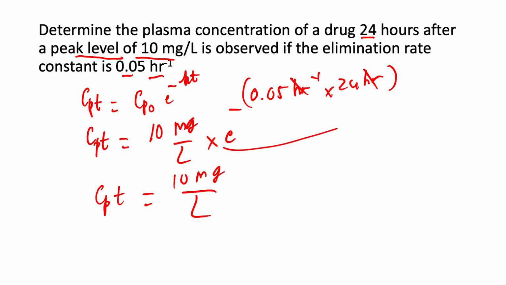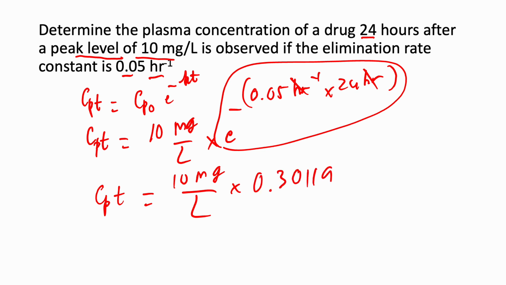Then you need to calculate the exponential of this one. Exponential minus 0.05 times 24 will be equal to 0.30119.